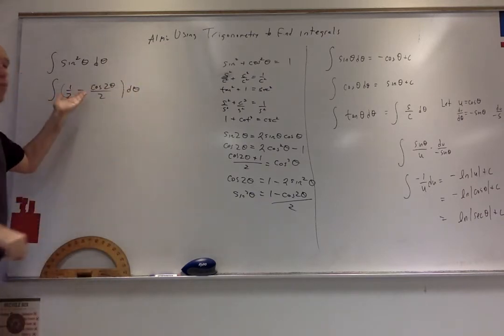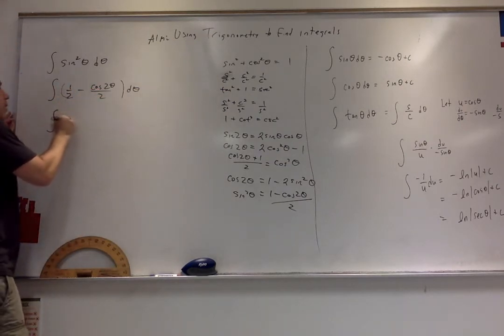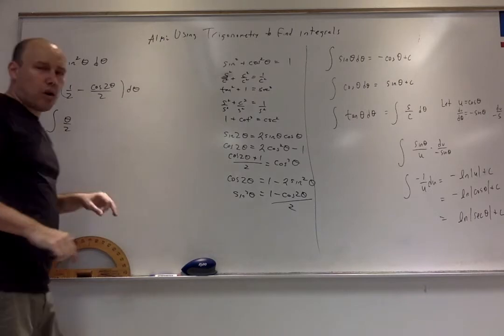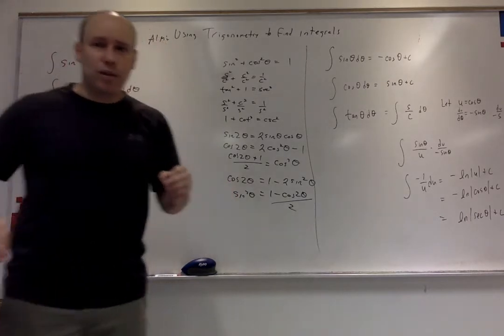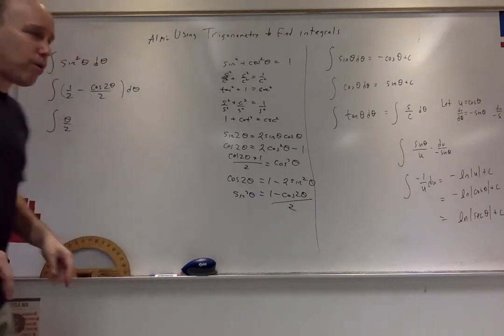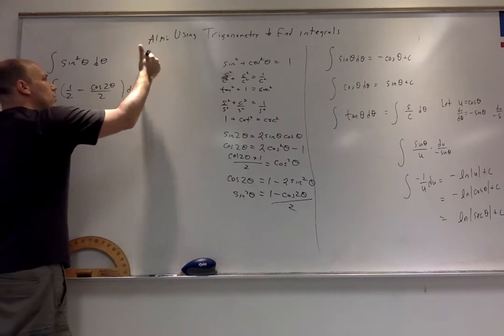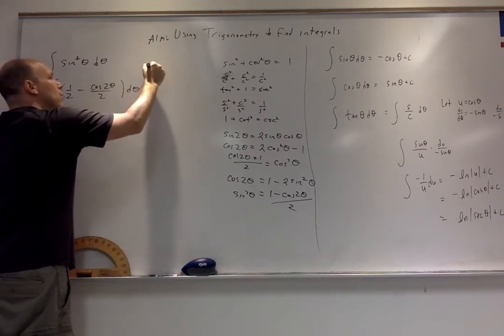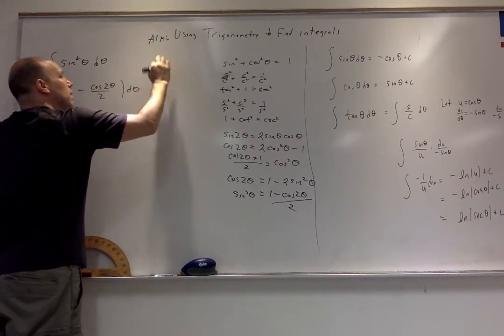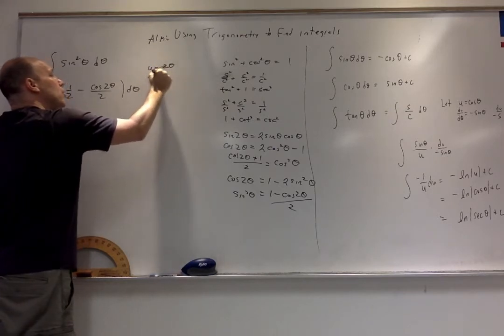And we're like, okay, well, we're in luck there because I know the integral of 1/2 is theta over 2. And I know the integral of cosine 2 theta is sine 2 theta divided by 2. Remember, we did the substitution. I want you to do this on the side. So if we let u equal 2 theta, then du over 2 equals d theta.